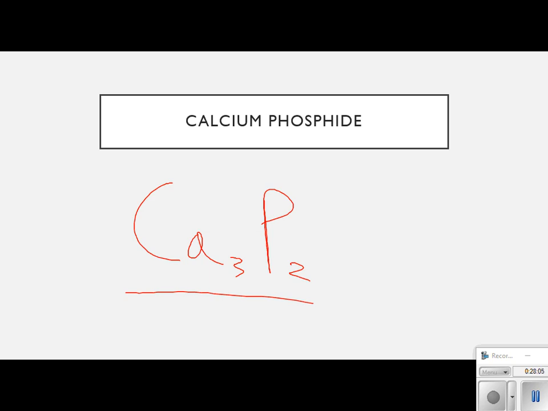We won't deal with all those different oxidation states with phosphorus until we talk about covalent bonding and naming molecular compounds. We're only worried about naming ionic compounds now, and phosphorus is going to gain 3 electrons.